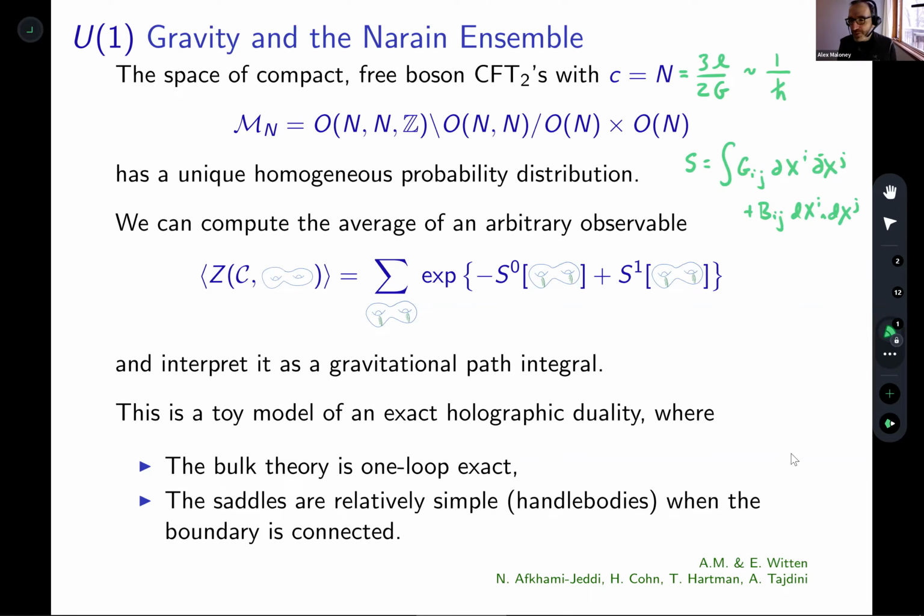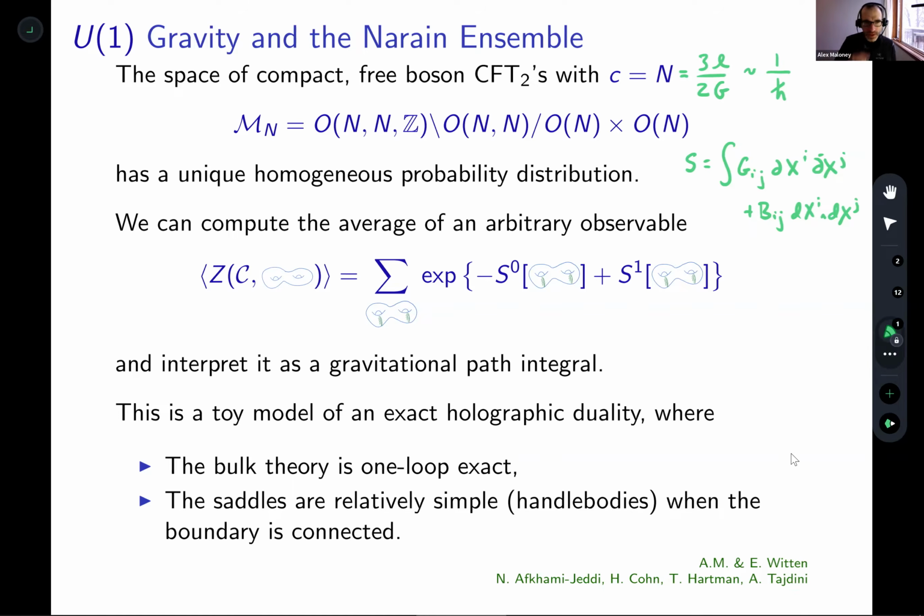And the space of free boson conformal field theories is characterized by a pair of coupling constants that I've called Gij and Bij here, which, if you think about them in the language of string worldsheet theory, are the target space metric and B field of these bosons. So these bosons live on a torus, and the space of such free boson conformal field theories is parameterized by the space of target space metrics G and B fields B.